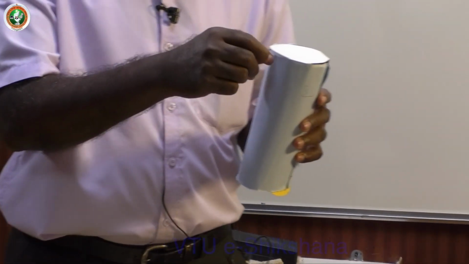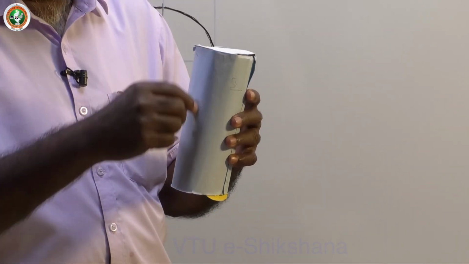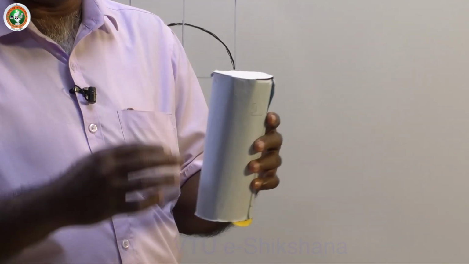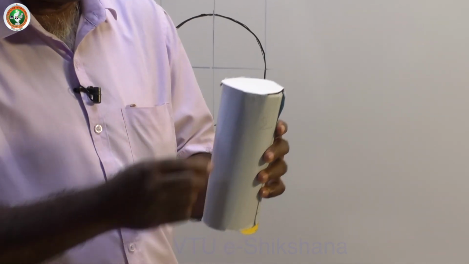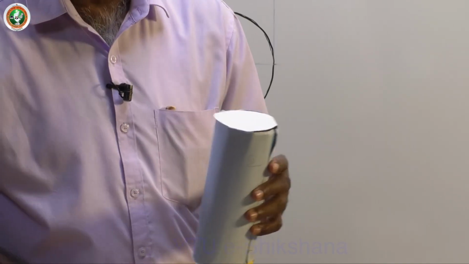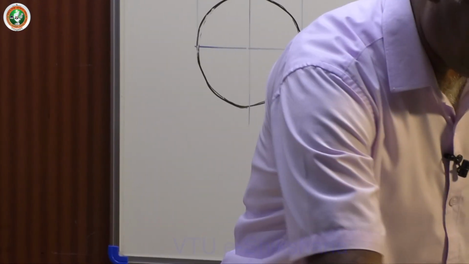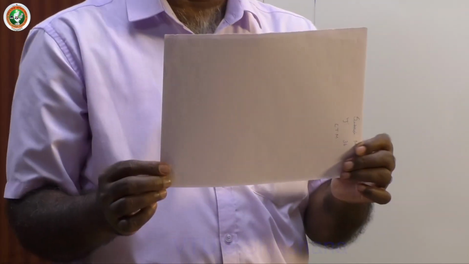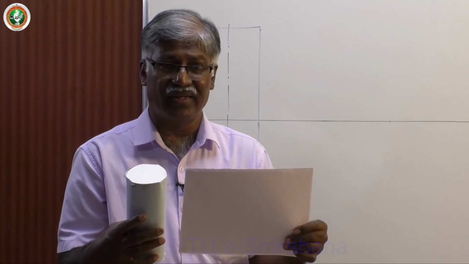Suppose that I cut this cylinder along a particular generator, assuming that there is a paper cover on this lateral surface, and I open that. Then you will get simply a rectangle. That is the development, that's all. So here is the cylinder, and if you open and place it on the flat surface, you will get a rectangle.